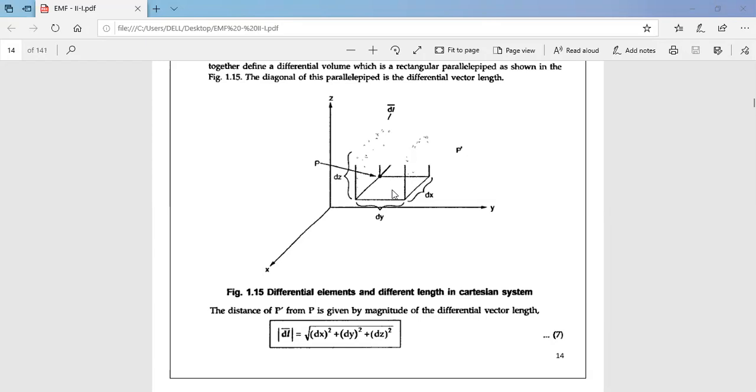Okay, let's look at the front. The front is in the y, z plane, right? So the area or the surface for the front would be y times z.